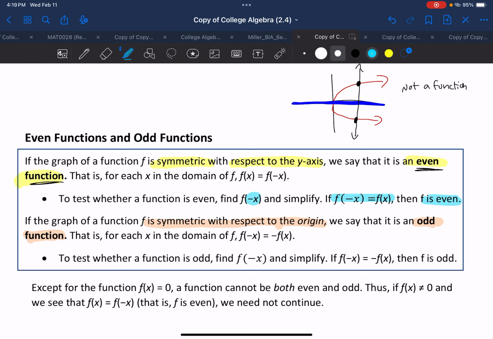But the other one, to test whether it is an odd function, this one's a little different, but it's pretty much the same thing in disguise. So for this one, we're still going to plug negative x into the function. And if we do this and it results in the negative version of the original function, which is the same thing as if it equals -1 times f of x, then we can determine that the function is odd.